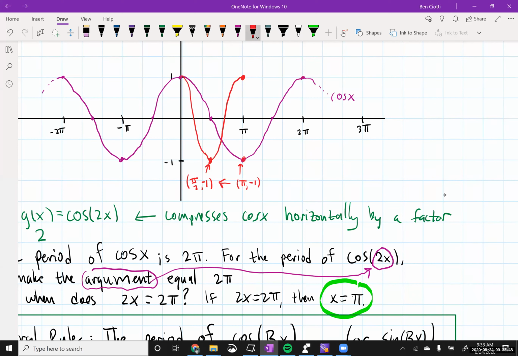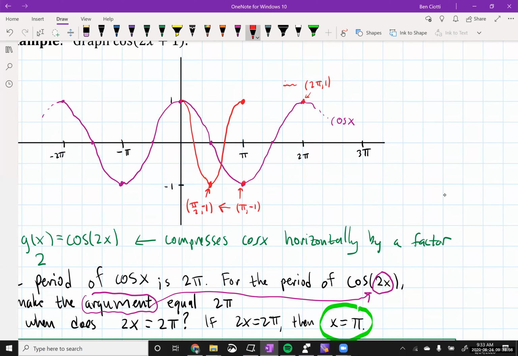Similarly, this point up here was (2 pi, 1), but now it becomes the point (pi, 1). Okay, and then after that, it just keeps on repeating. So I can just periodically extend it. And the same thing on the left.